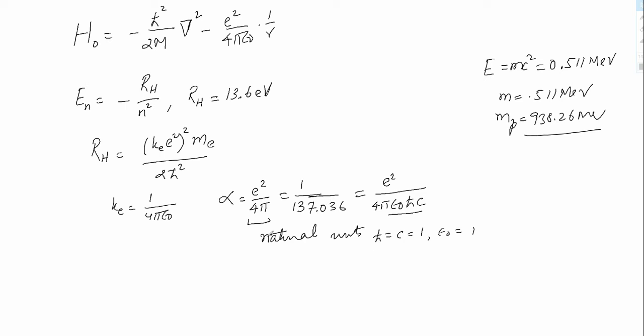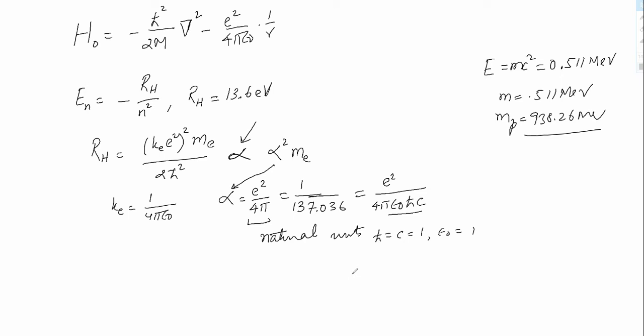Now, if e square by 4 pi is 1 upon 137, then this term is proportional to e to the power 4. And if this is proportional to e to the power 4, then this is proportional to alpha square, and then we have the mass of the electron. This RH is proportional to alpha square m.